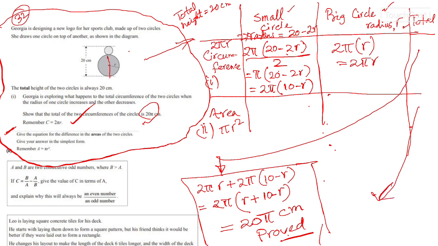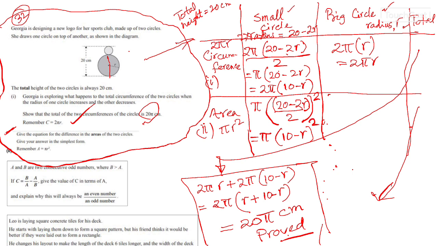So I'm going to show the working over here, and the area of a circle, a small circle, is pi times 20 minus 2r, which is the diameter, and if I divide it by 2, I got to raise everything that's the radius to the power 2, which is basically, if I simplify, I don't have space for all those, and that'll give me, you can work it out, pi times 10 minus r squared.